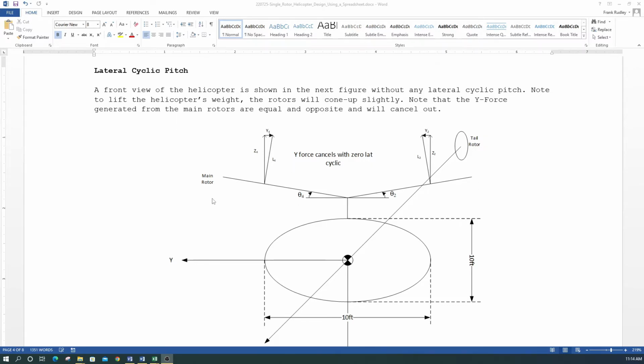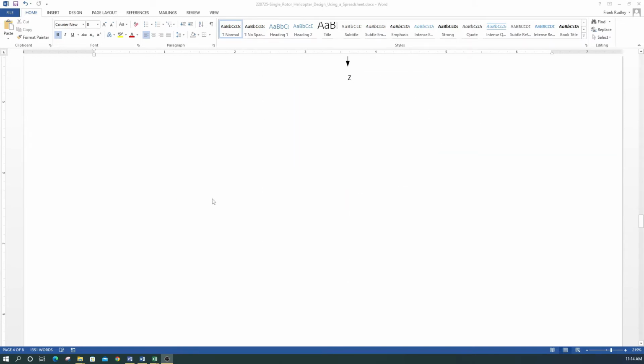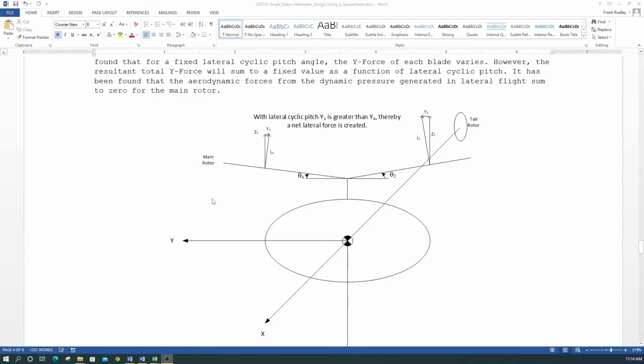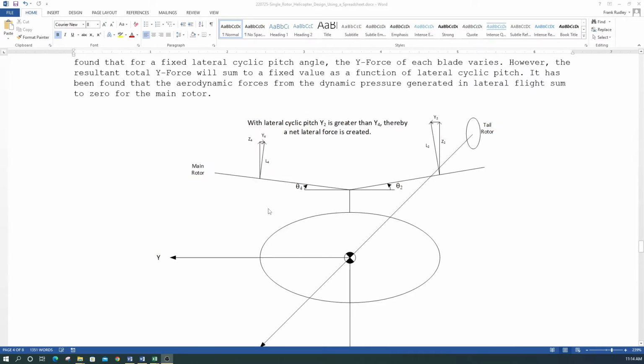So lateral cyclic pitch is very similar to longitudinal cyclic pitch in how it works. So we're going to look at the figure now where we want to go to our right. So we put some lateral cyclic pitch in. So this is a case where the lateral cyclic pitch causes blade 2 now to have a higher flapping on this side and a lower flapping on this side here.